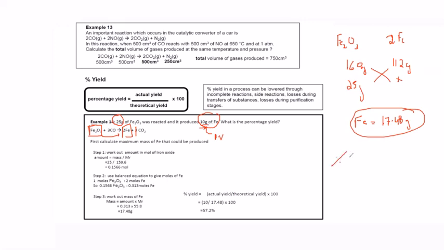So percentage yield is the practical value, which is 10, divided by the theoretical value, which is 17.48, multiplied by 100. So when you calculate percentage yield, it will be 57.2. So practically, you will always get a smaller quantity as compared to what theory suggests, according to the equation.